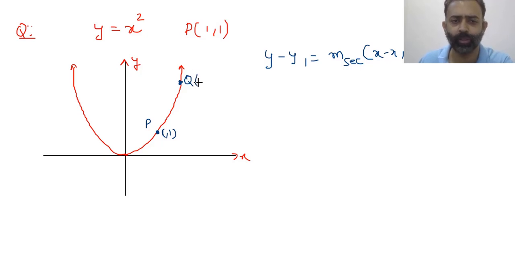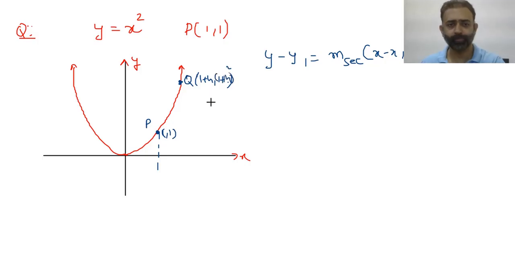Let us call this point Q, with x coordinate 1 plus h, because this x coordinate was 1 and we have increased it by h. Sorry, let us say this is 1 plus h and then (1 plus h) whole squared.